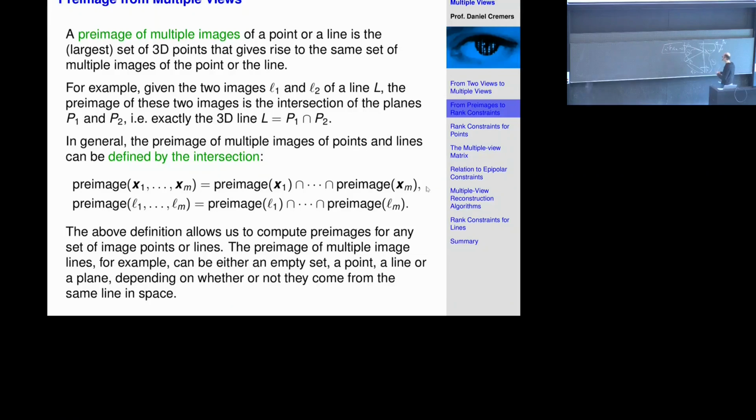For example, this is the pre-image for x1, this is the pre-image for x2, and the pre-image for both is the point where they intersect. And so pre-image computation is essentially the same thing as reconstruction. Once I compute the pre-images and intersect, then hopefully I get a unique solution, and that is the reconstruction.